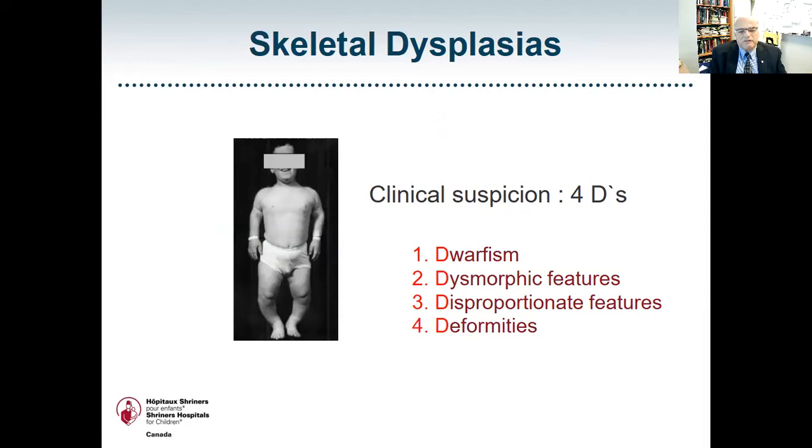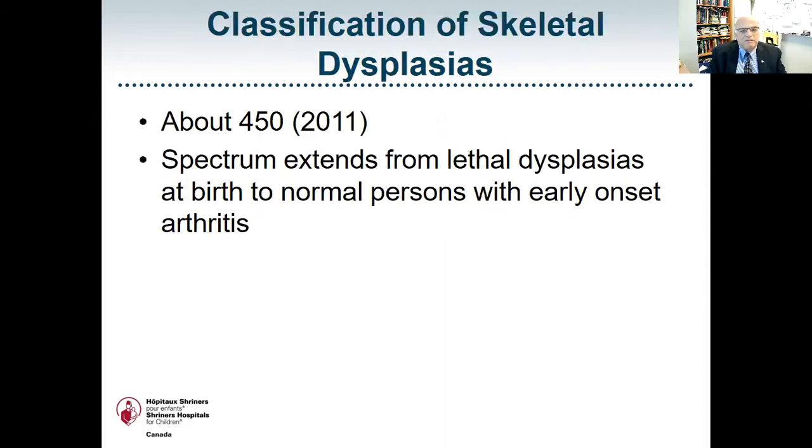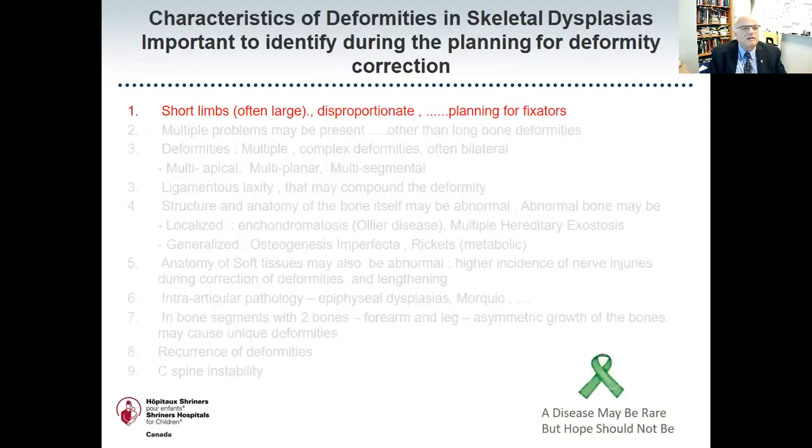And as you can see, deformities is only part of the condition. There are about 450 skeletal conditions causing skeletal dysplasia, and now there are even more. The spectrum extends from lethal dysplasia at birth to normal persons with early onset arthritis.